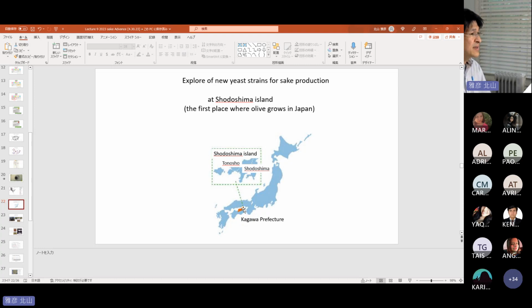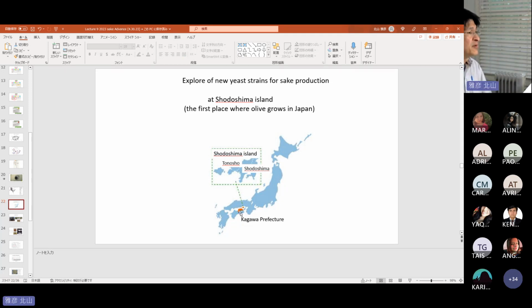So it means this island has a very comfortable climate. The winter is not very severe. So this is the island.